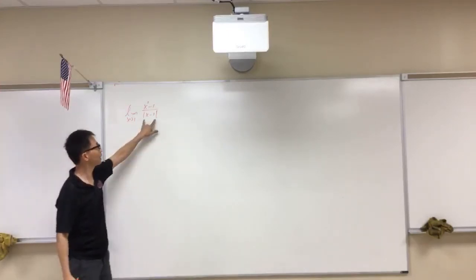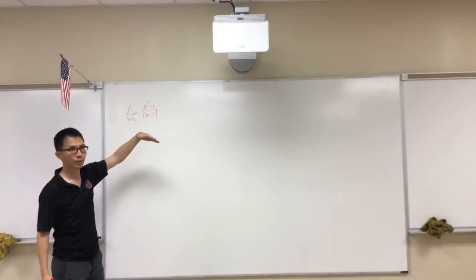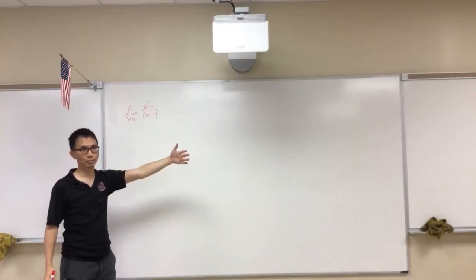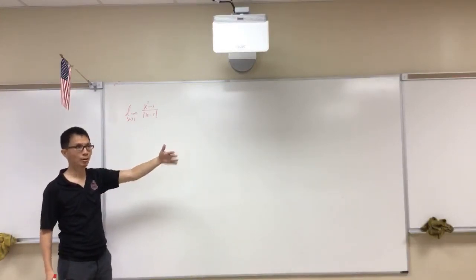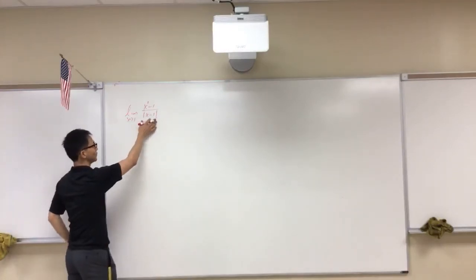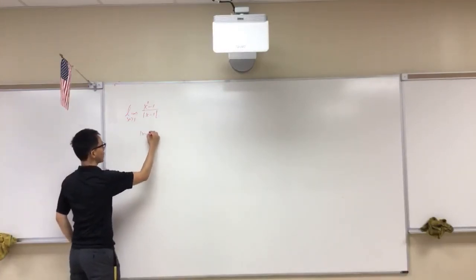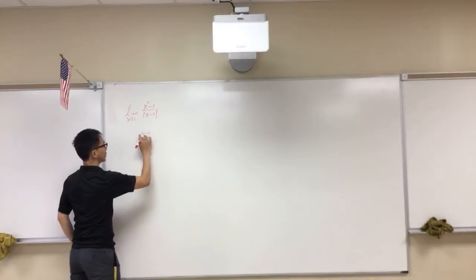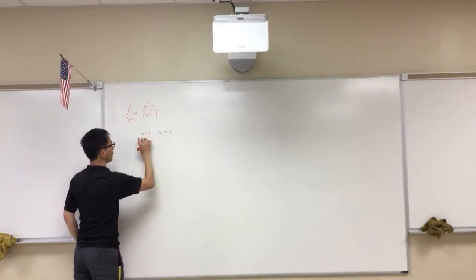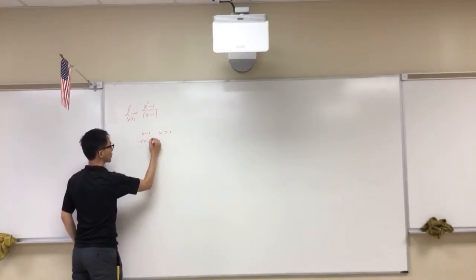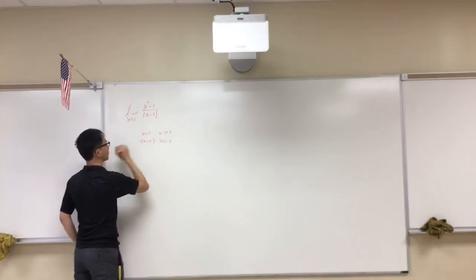Well, we know that downstairs, x minus 1 is an absolute value. So those are actually piecewise functions. Does that make sense? If I just look at the bottom, you should get x minus 1 when x is greater than 1, and you should have the negative of that when x is less than 1.